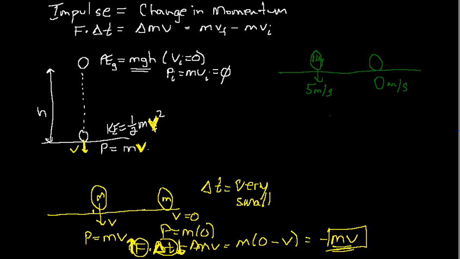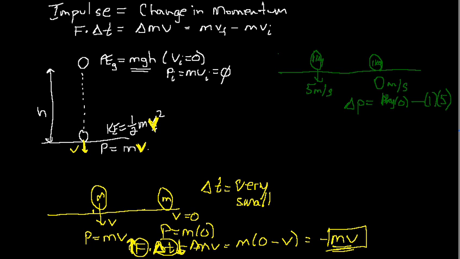So let me ask you the question, what is going to be the change in momentum? The change in momentum is the final velocity times mass, which is m times 0. M is 1 kilogram, right? That's what we said. It was a huge egg. So it's 1 kilogram times 0 minus 1 kilogram times 5.